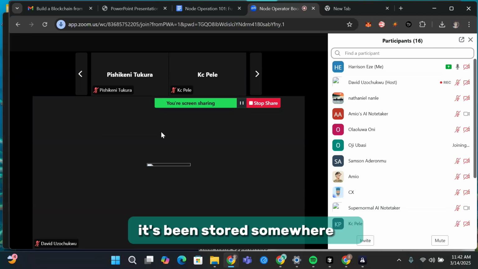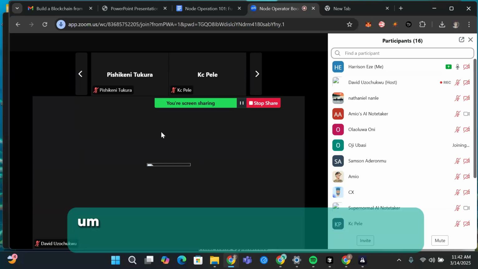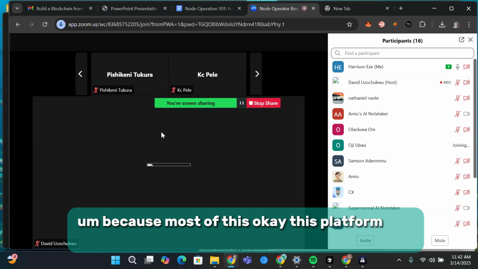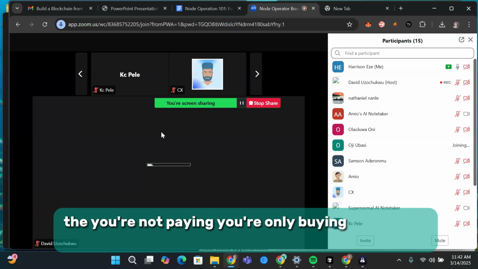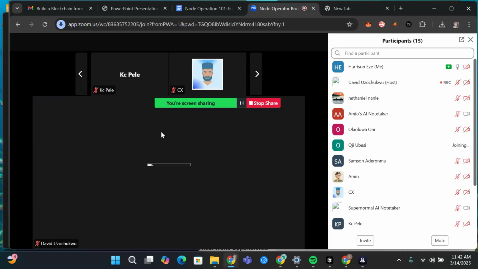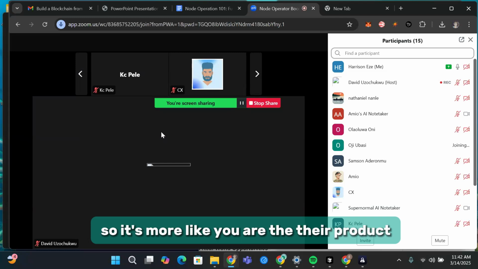It's stored somewhere. Because most of these platforms like Facebook, you're not paying, you're only giving your data to use the platform. You're not paying to access the platform, so it's more like you are their product.